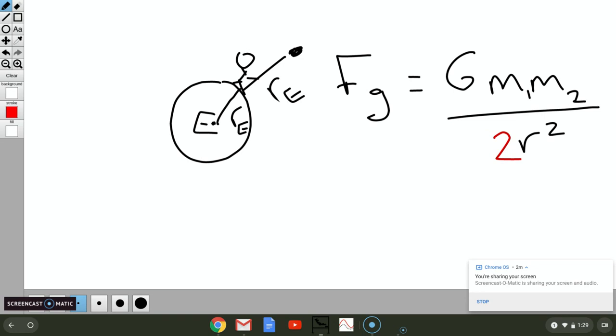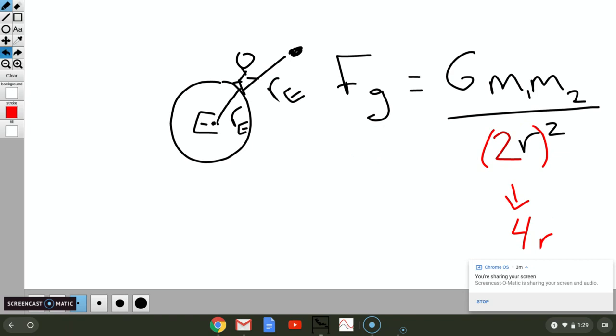I'm doubling something in the denominator. But let's not forget that that radius is squared. So this is actually 4r squared. So it does not decrease the force of gravity by a factor of 2. It decreases by a factor of 4, because this is the inverse square relationship.